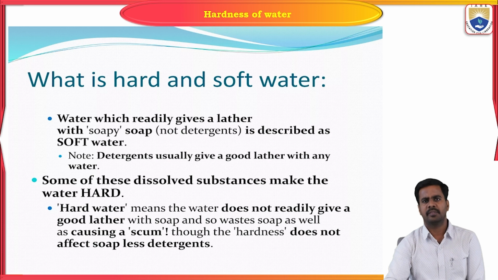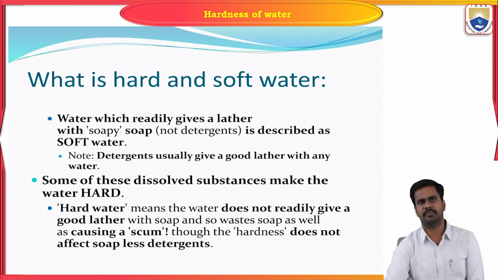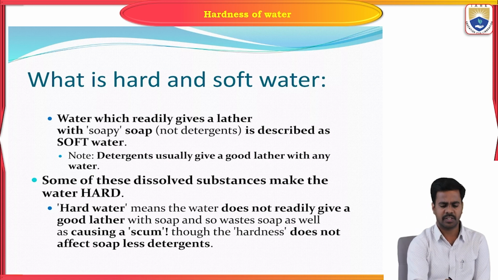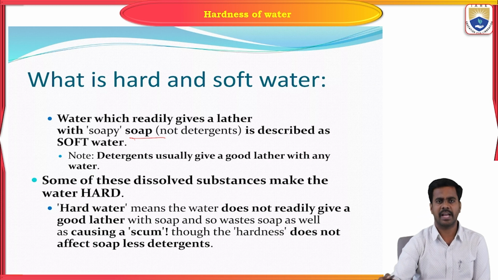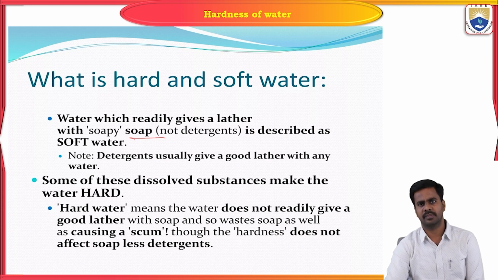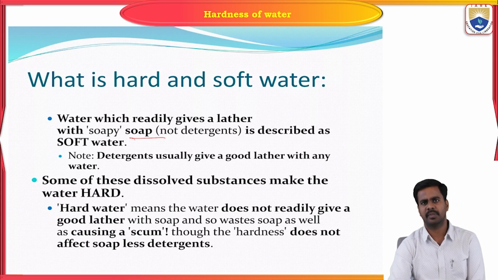So let us see the difference between what is hard and what is soft water. Water which readily gives lather with soap is described as soft water. Some dissolved substances make the water hard.